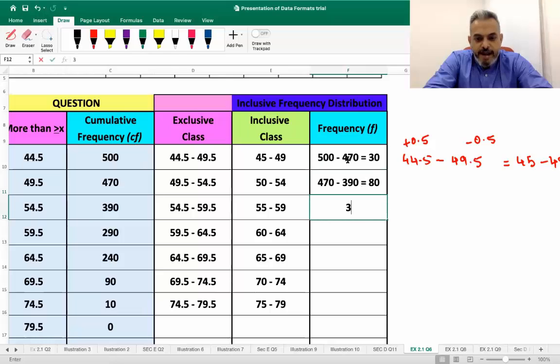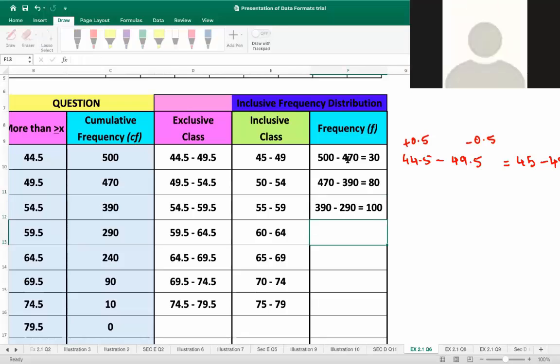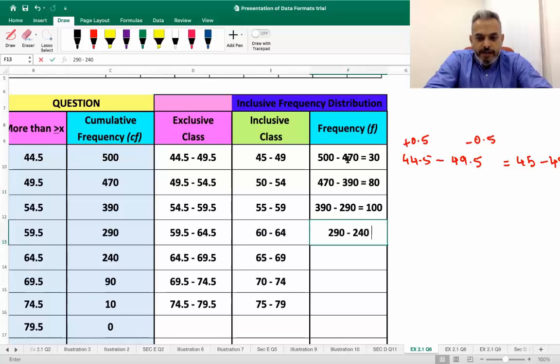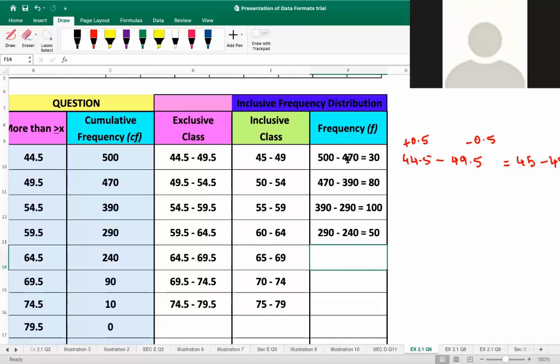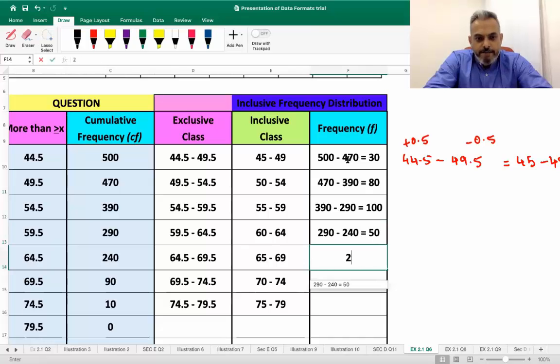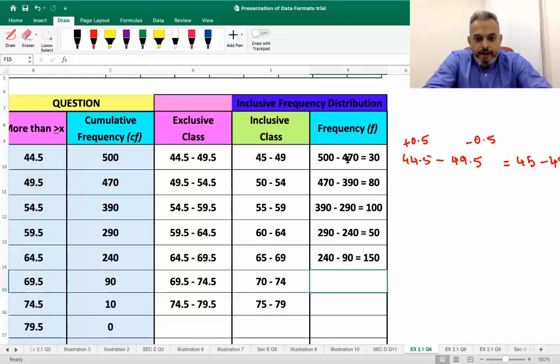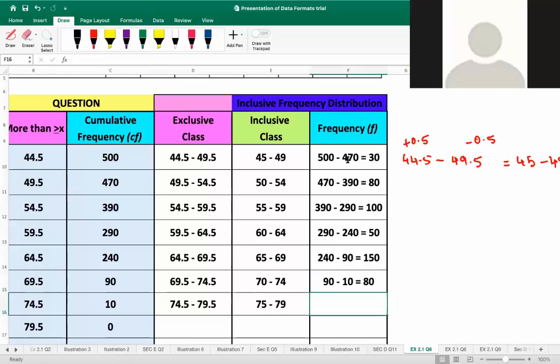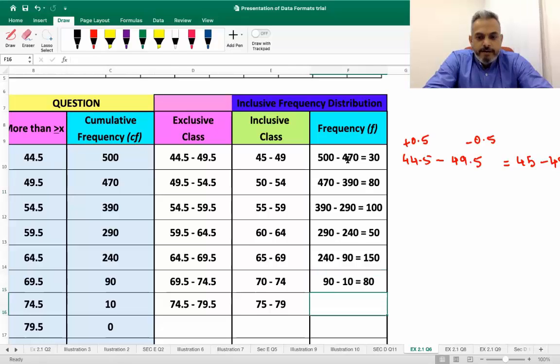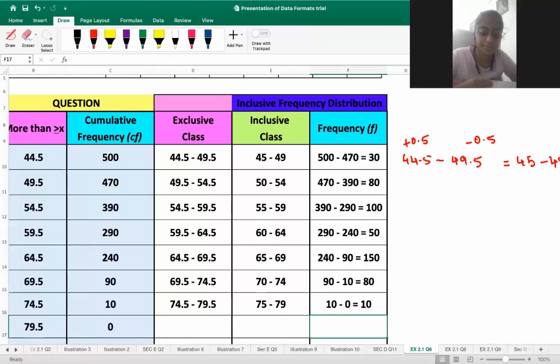Then 390 minus 290 is 100. 290 minus 240 is equal to 50. 240 minus 90 is 150. 90 minus 10 is 80. And 10 minus 0 is 10. Cross verify.